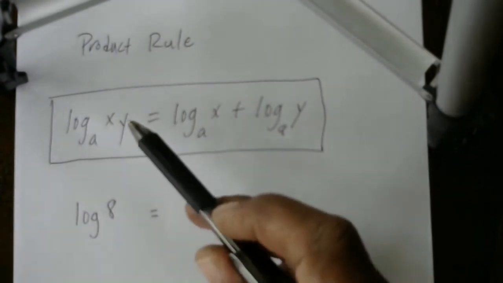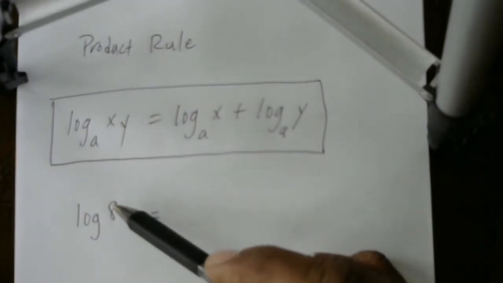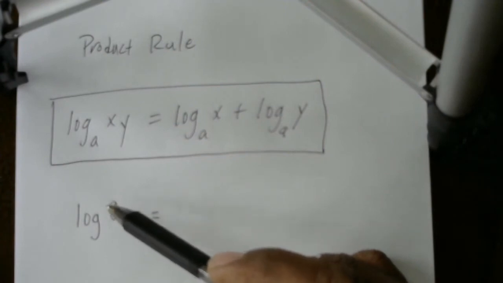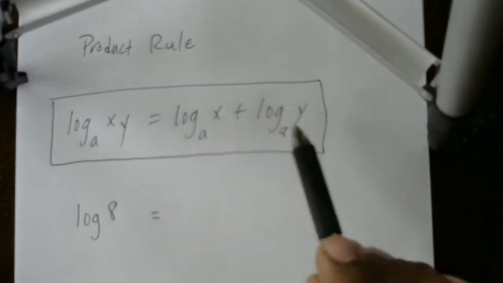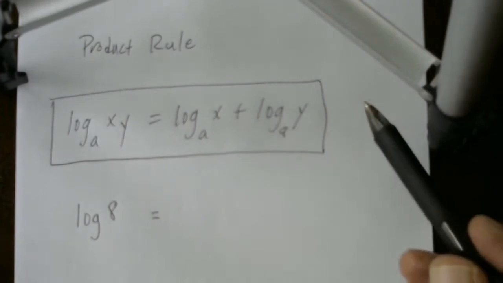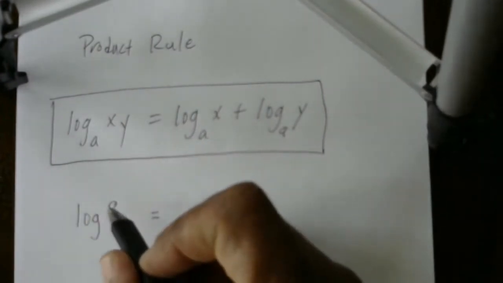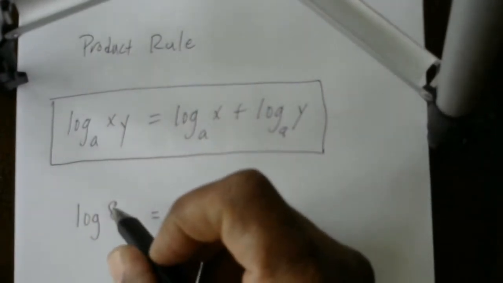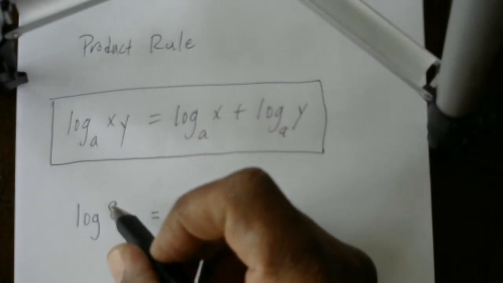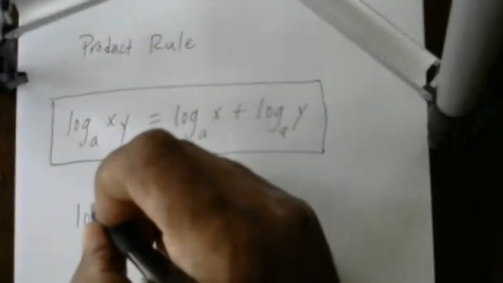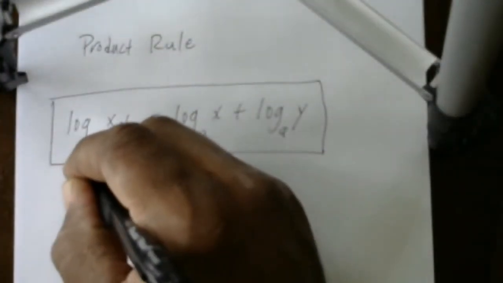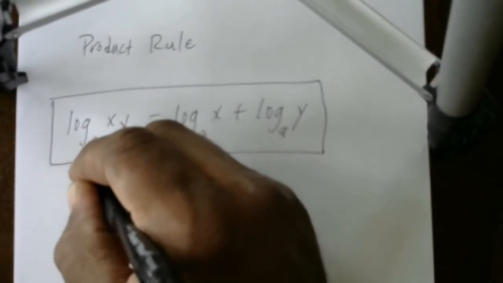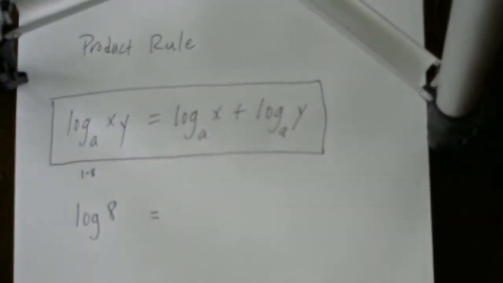Okay, so what this property says is if I can find two numbers that I can multiply to get 8, I can take the log of each of those numbers and add them. And so here's what I mean by that. I can take 8 and write that as 1 times 8. 1 times 8 is 8.